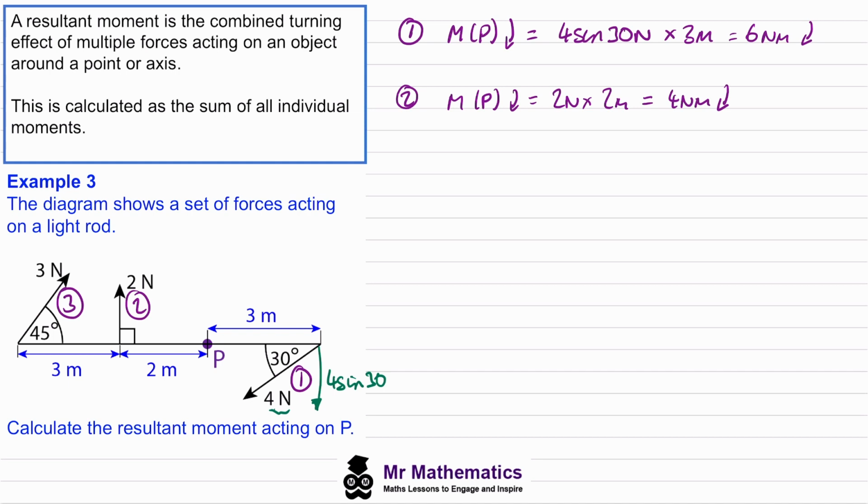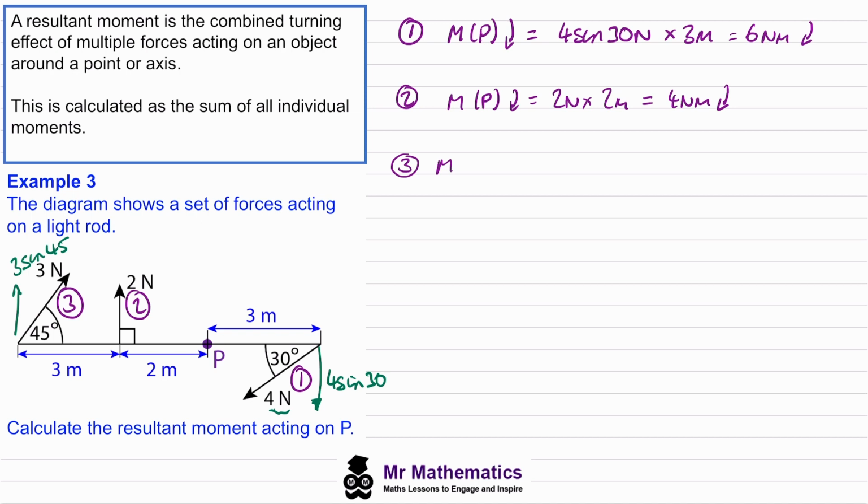And for our final moment, moment 3, we need to work out this perpendicular force here. This will be the vertical component of this 3 newtons. And because this force doesn't contain the angle 45, it will be 3 newtons times the sine of 45 degrees. So this will be our vertical component of this force, acting perpendicular to the 5 meter arm 3P.